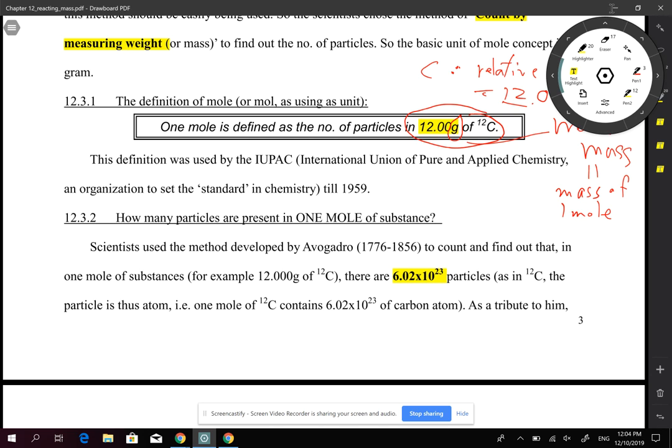After the scientists did many calculations, they found out 1 mole equals 6.02 times 10 to the power of 23 particles.